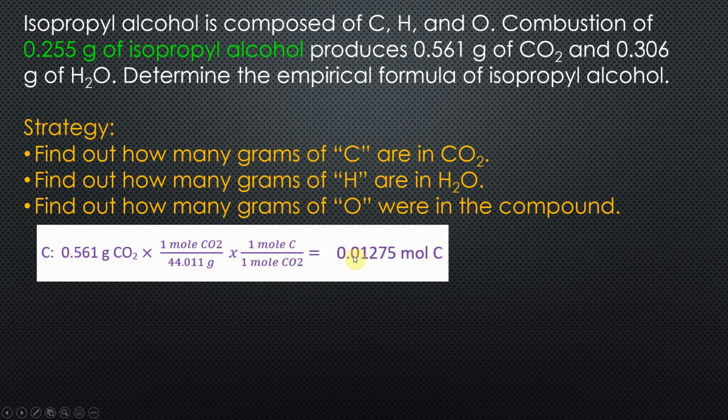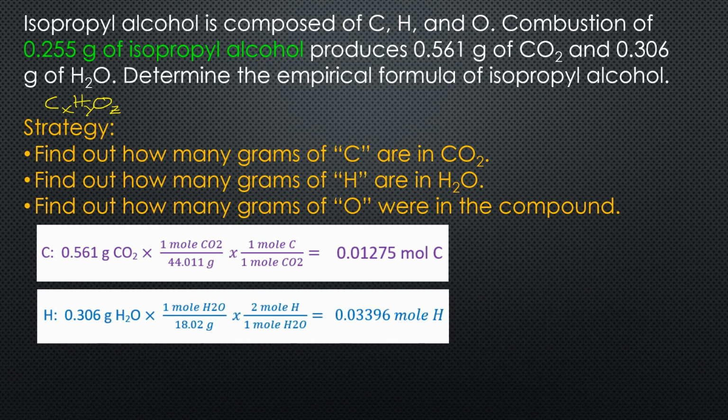So we're pretty far along here, because you'll remember that if we know the formula for the compound, let's say CxHyOz, these values are all in moles. So this value will go right there for the X. Okay, let's do hydrogen. Well, for hydrogen, we're going to need the grams of water. So if I pull that down at 0.306 grams, I'm going to convert it to moles. But you'll notice there's a difference in our math here.